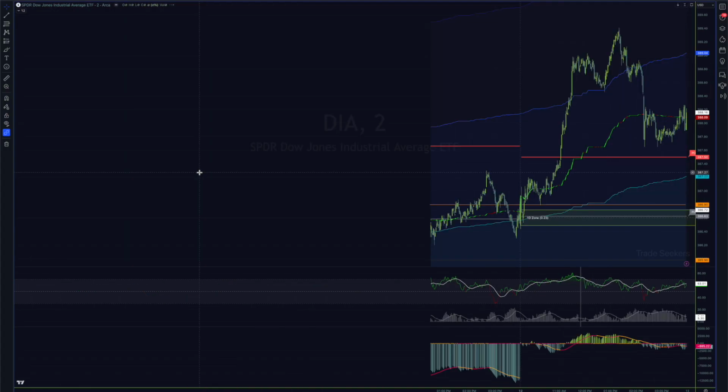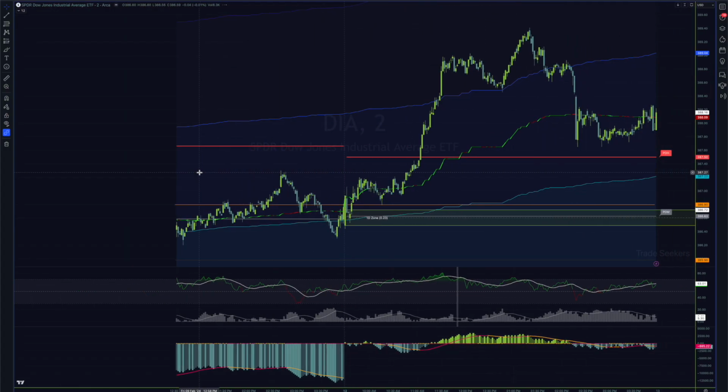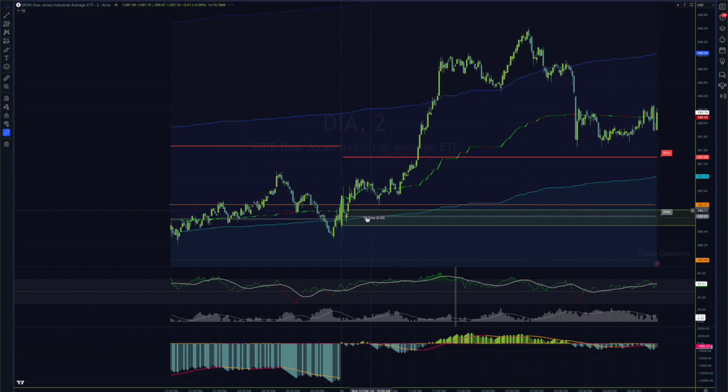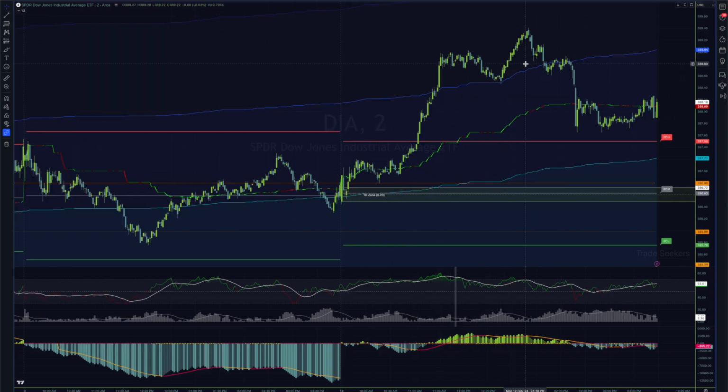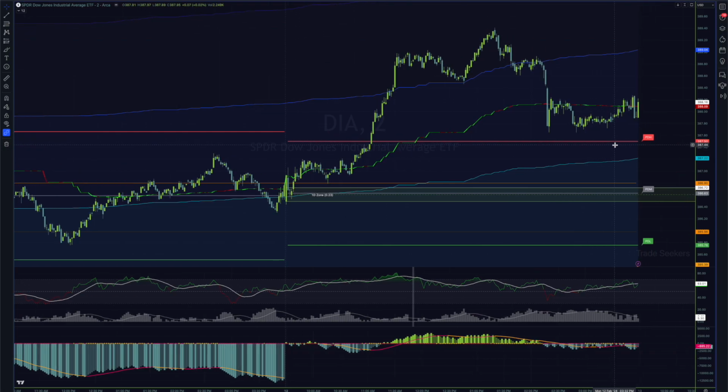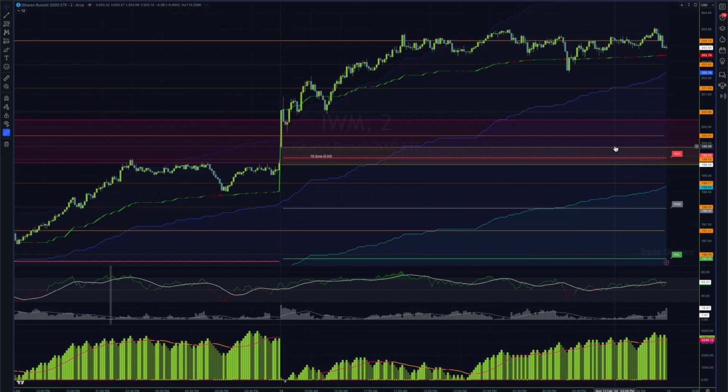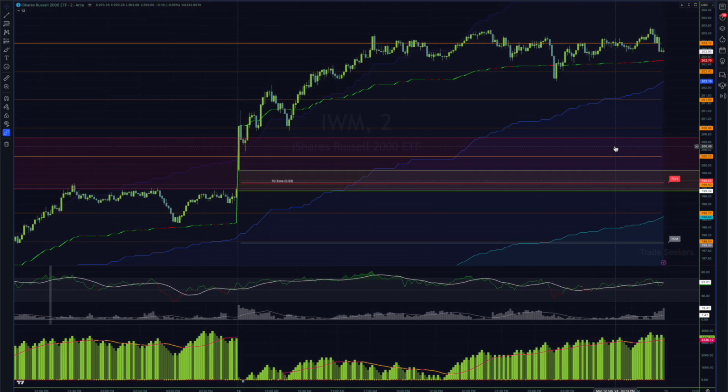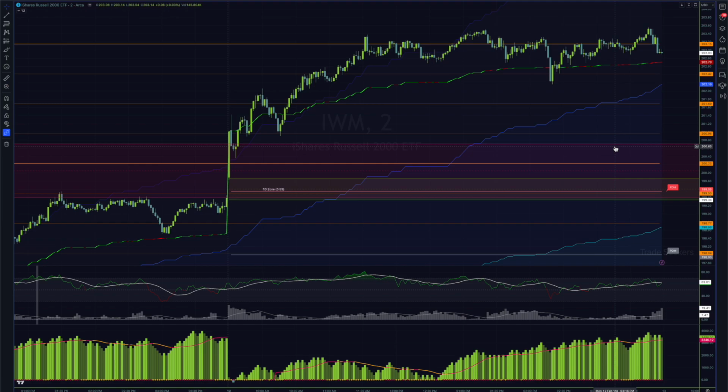Now, looking at the Dow, it finished in advancement. We were really ripping, cooking hot. We finished over prior day high. So that's all well and good. Dow's looking great. The Russell also has done something that it's failed to do for quite some time, and that's break out over 200.